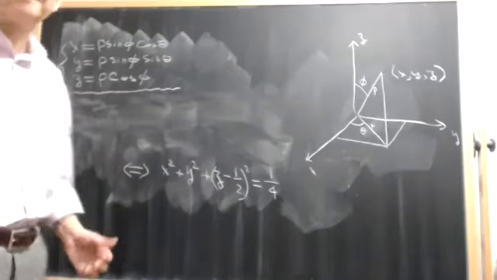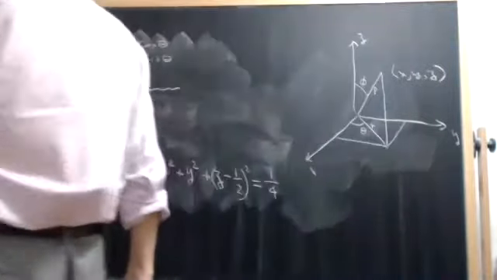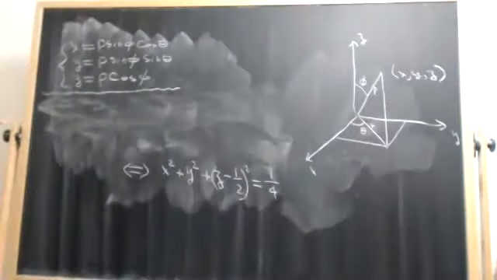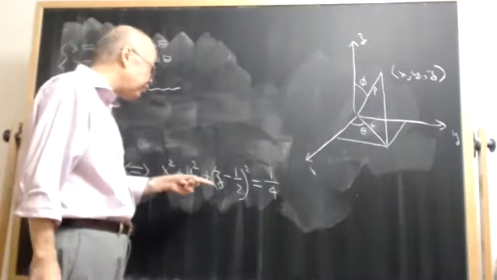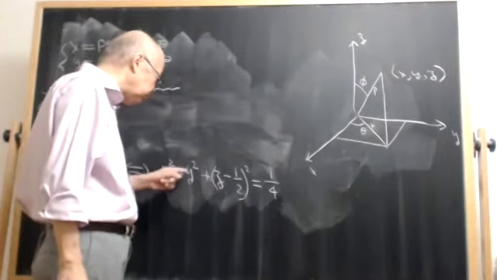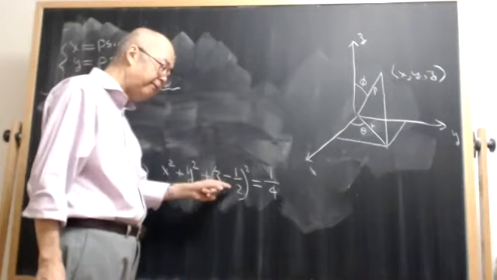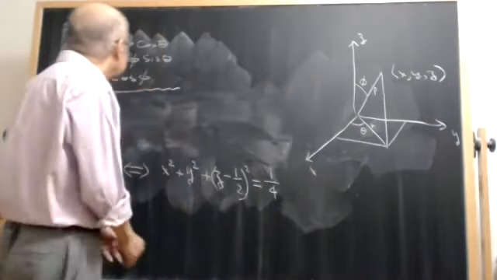Now, if you look at this, this is going to be the equation of a sphere centered at 0, 0, and 1/2. And the radius is 1/2.